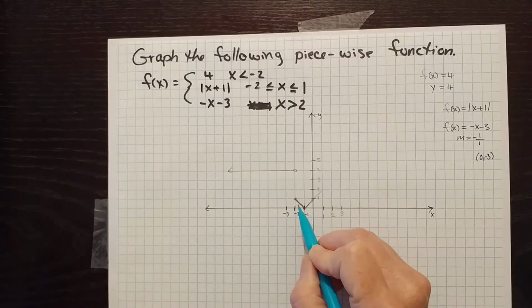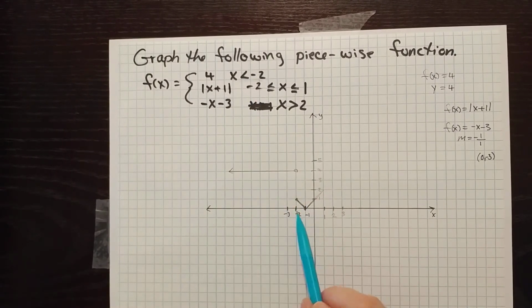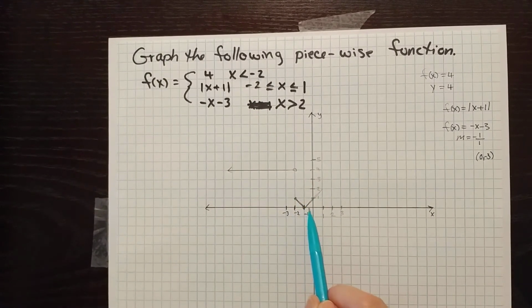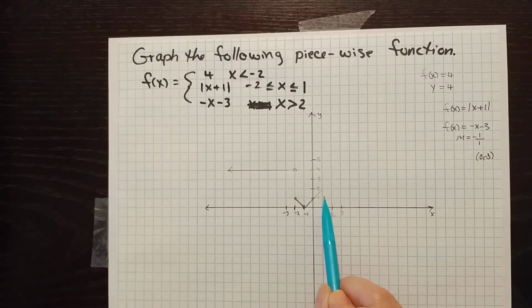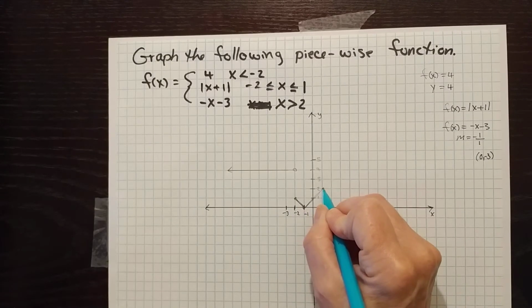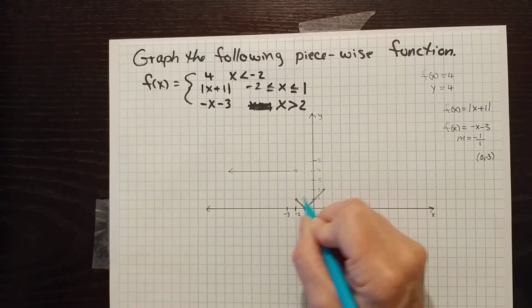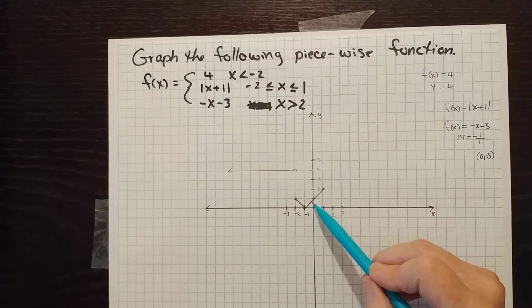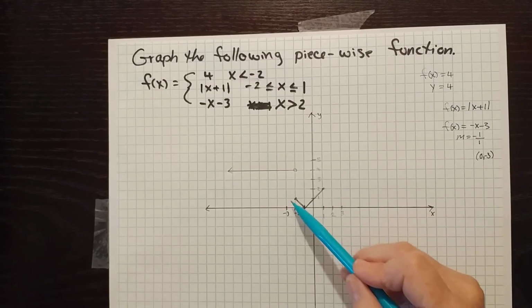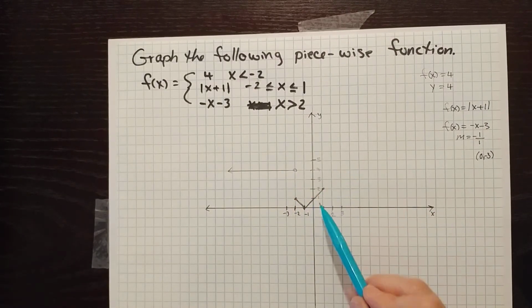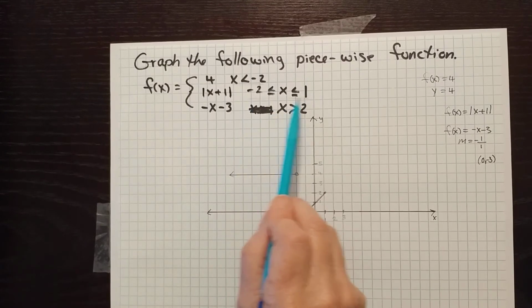It only belongs from x is -2, -1, 0, 1, till it hits here at 1. This is where it will stop. Now if you were to put the whole absolute value of x plus 1, of course it would extend, right? But we only keep it in the place where our piecewise function tells us to keep it.